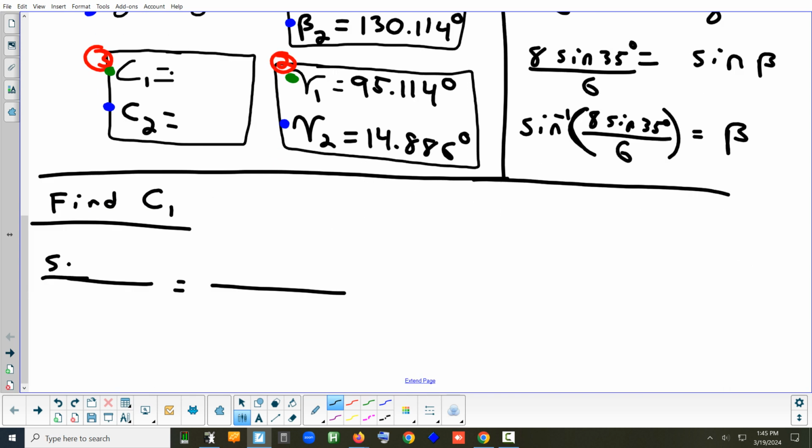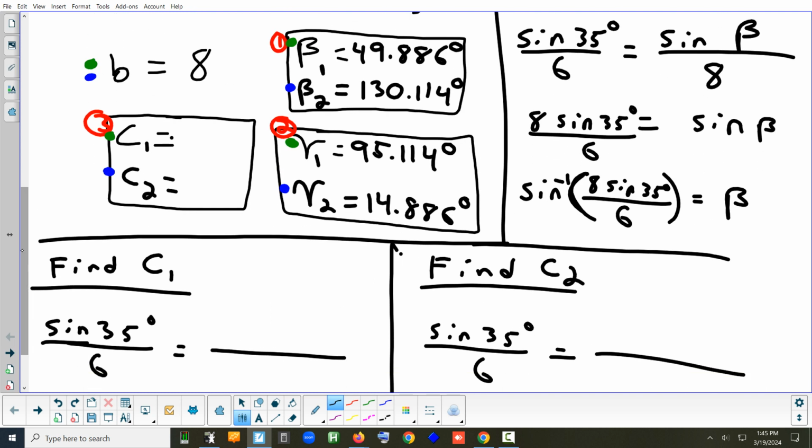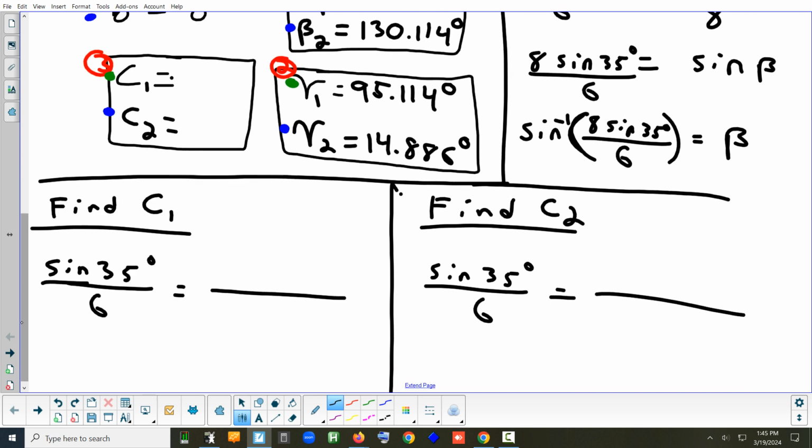So I would use A and alpha. So sine 35 over 6. And if you want to set up C2, we can start with that too. Sine 35 over 6. All right, now to find C1, what angle do we use? Yep. 95.114.